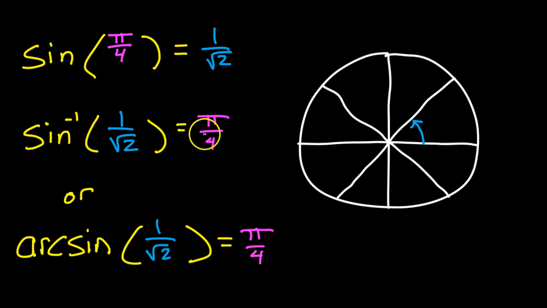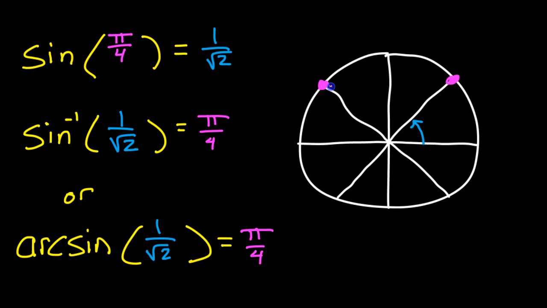Now there's just one extra little thing we have to watch out for. There's actually more than one answer. If we were just to leave it as this concept of what angle would give us this answer, the sine of what angle is 1 over radical 2? There are two angles that would have that answer. This angle right here is the one we just talked about.